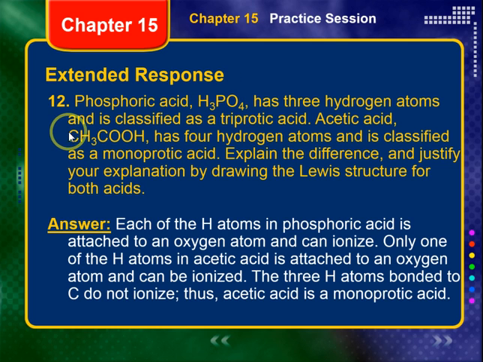In acetic acid, these 3 hydrogens are attached to a carbon, so they are not going to ionize. The only hydrogen that's going to ionize is the one that's bonded to an oxygen, and there's only one of them. So since there's only one oxygen that has the potential to ionize, acetic acid is considered a monoprotic acid.